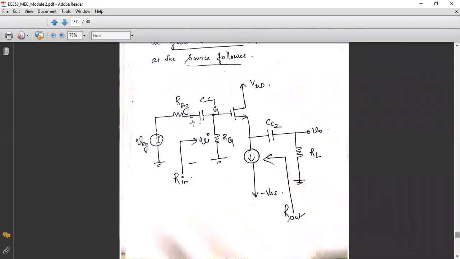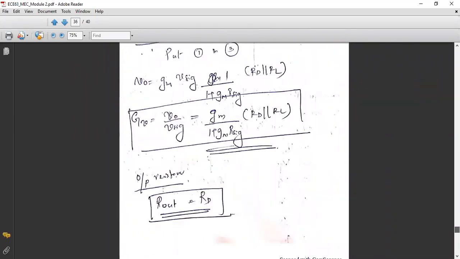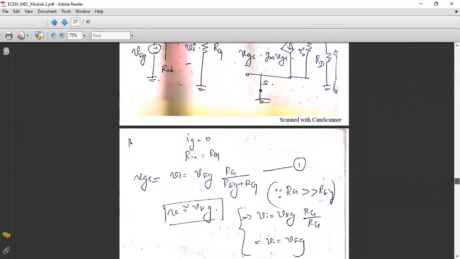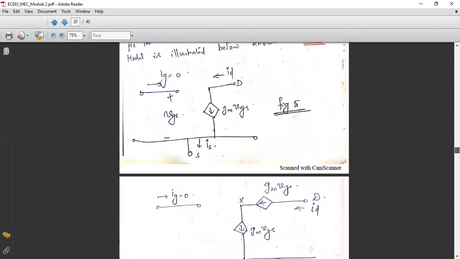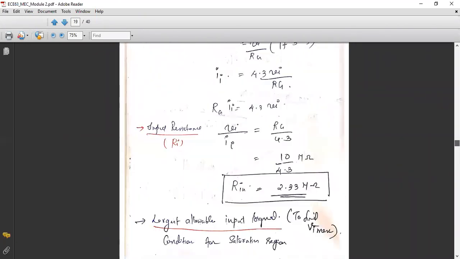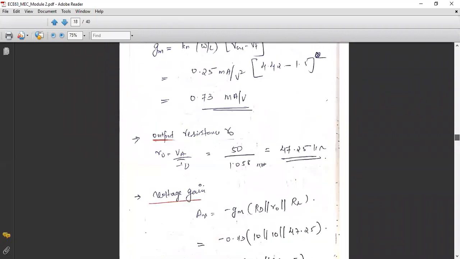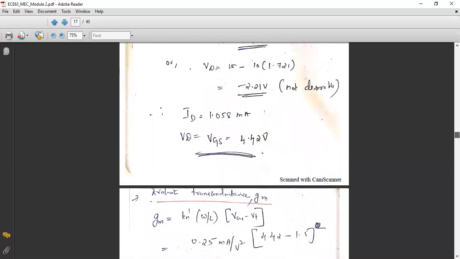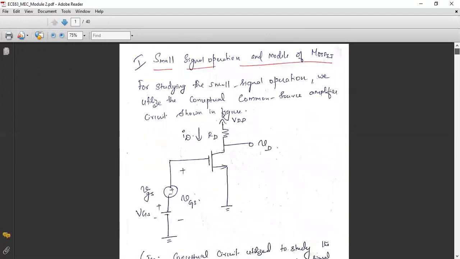So that is the end of this particular module. In this module, the important parts are common source, common gate, and common drain. All 3 amplifier derivations are very important. You have to practice the derivations of all the 5 results: the equations for Rin, Rout, Av, Av0, and Gv. These are the 5 results for all 3 amplifiers.